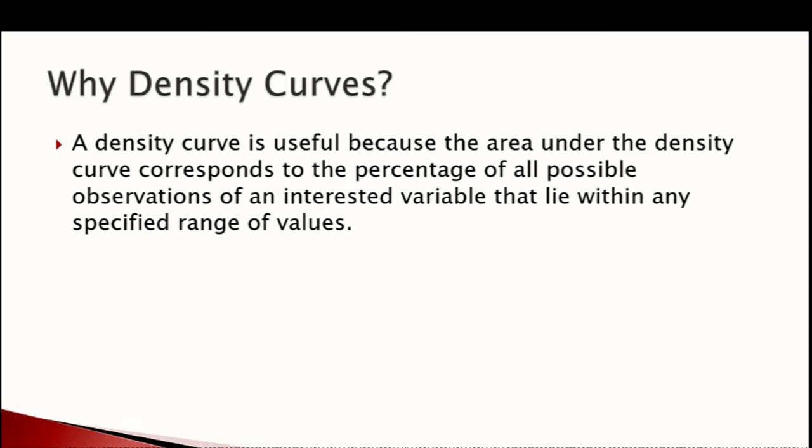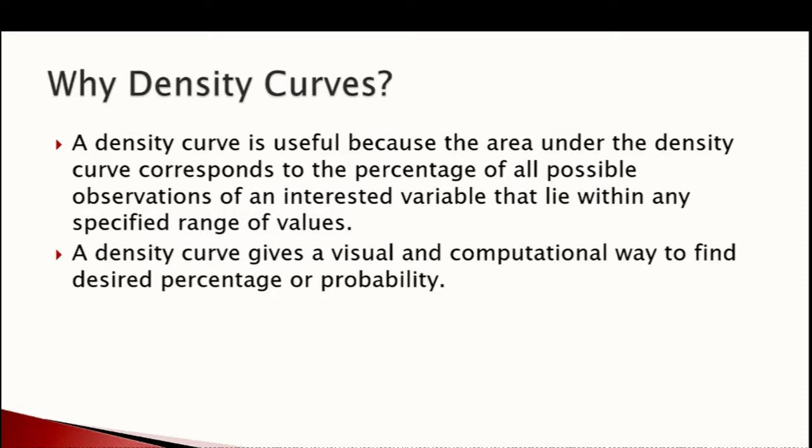Like you already know, probability can range anywhere from 0 to 1 inclusively. Thus, the total area underneath is 1, corresponding to 100% chance of something happening, the probability that you are interested in finding. So the density curve gives us a visual and computational way to find the desired probability or percentage.